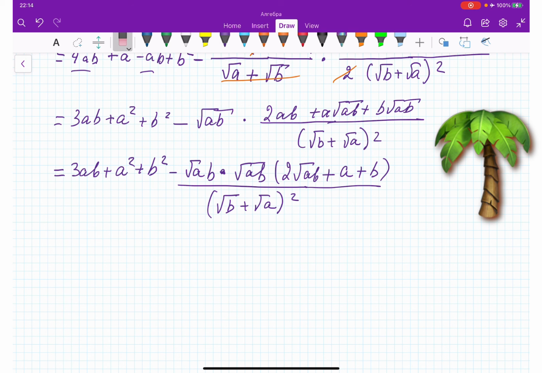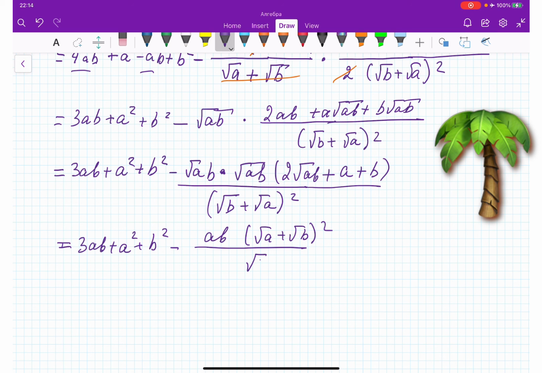And from here, let me rewrite 3ab plus a squared plus b squared minus, so a times b is going to be ab, right? And this one is going to be square root a plus square root b squared. And here we have square root b plus square root a squared.